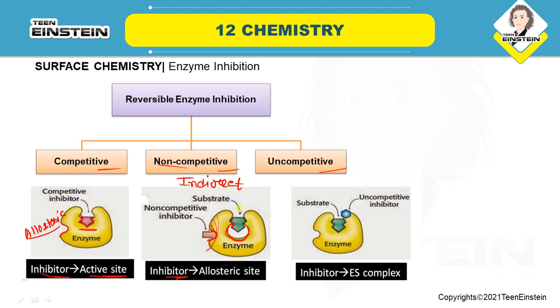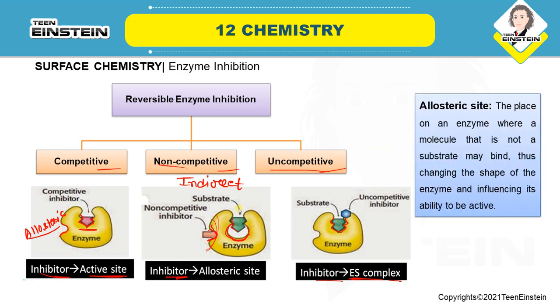And the third possibility, which is rare, but still we should know it, is uncompetitive. Uncompetitive means that the inhibitor interacts with the ES complex, that means the enzyme substrate complex. First the substrate binds with the active site, and then the inhibitor approaches this complex. So this is the third possibility.